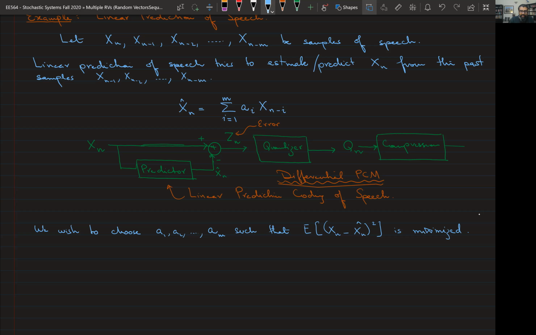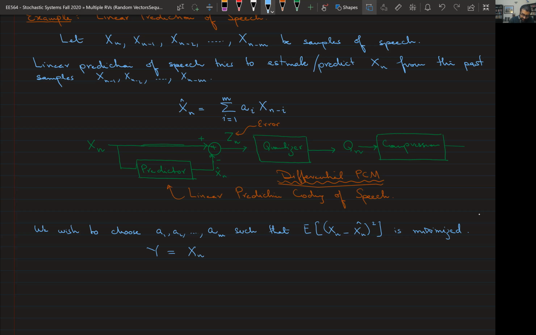Right? So if I just try to draw parallels to what we've done up above, the y that I had in the previous problem is x sub n in this problem.